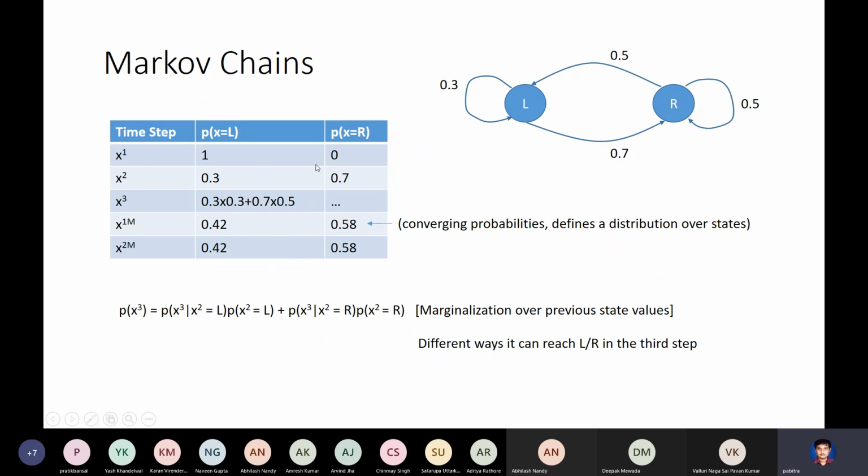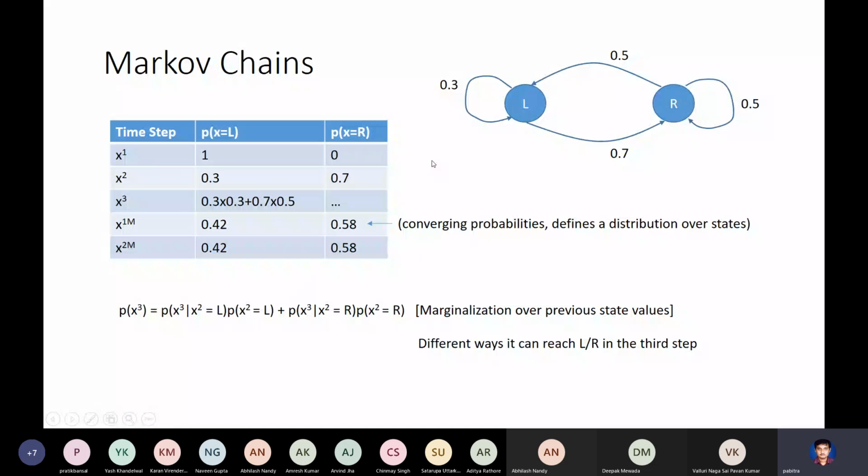In this case there are only two states, so these two probability values can be thought of as a distribution over these two states. The probability of being in L versus the probability of being in R add up to 1. If we had more than two states, this would have been a 3-value distribution, still a discrete distribution.